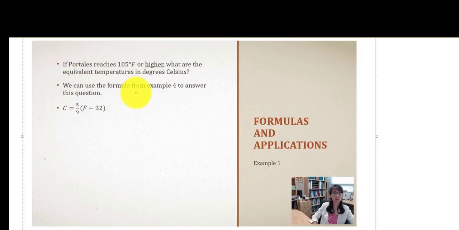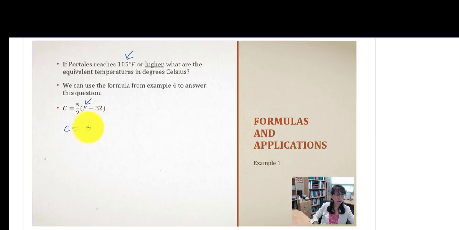So we can use the formula from example 4 that we just were working on earlier, and that was C, or Celsius degrees, are equal to 5/9 times Fahrenheit degrees minus 32. So what were we actually given in our scenario? 105 degrees Fahrenheit. So that's going to substitute for Fahrenheit in the formula.